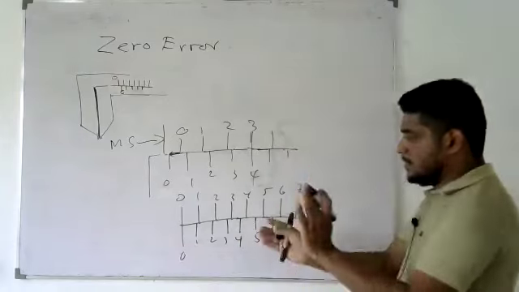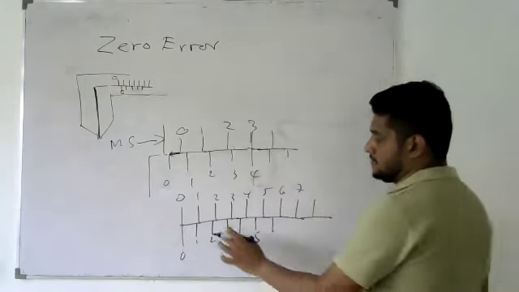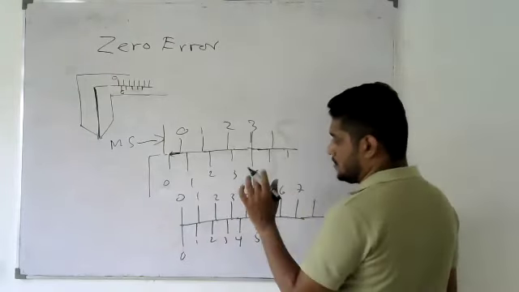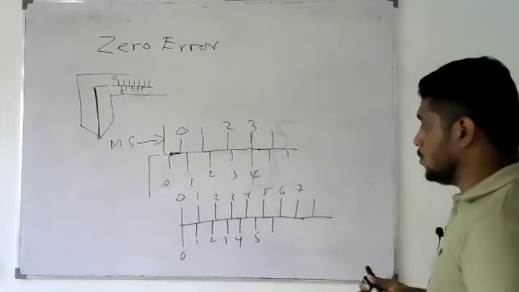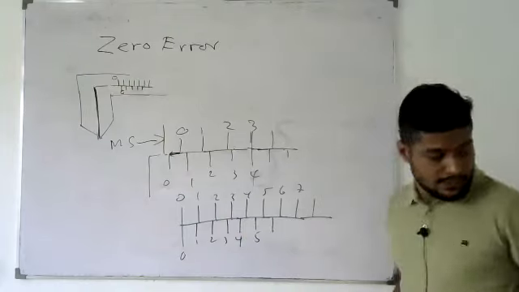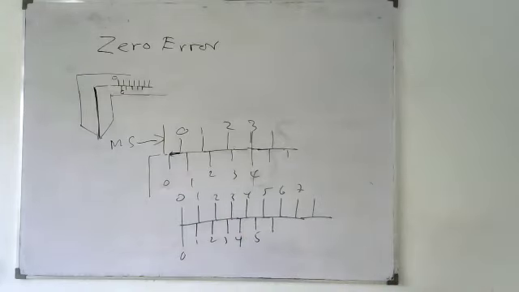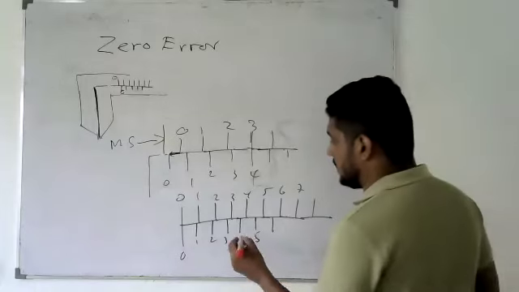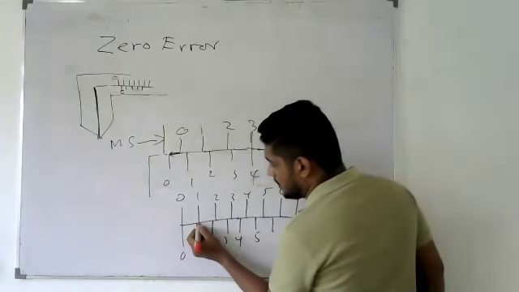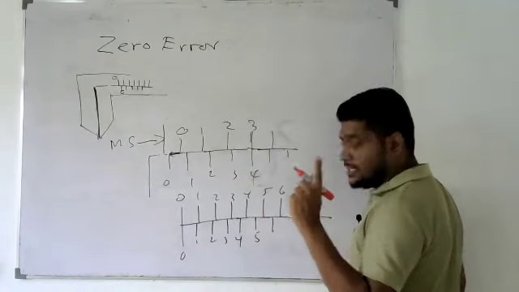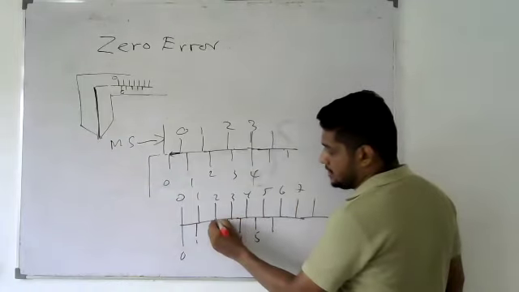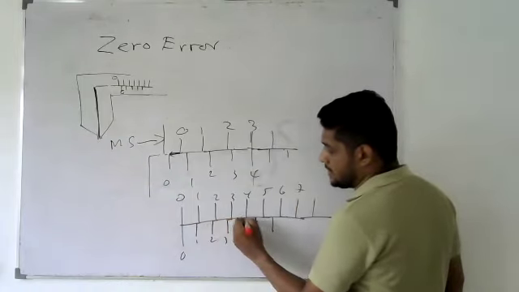As I explain, the difference here is 1 least count, and this is 2 least counts, 3 least counts, 4 least counts.